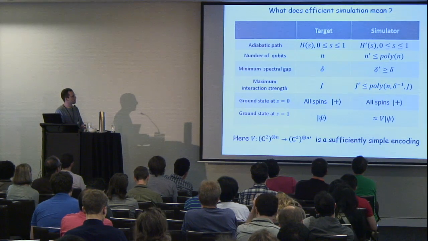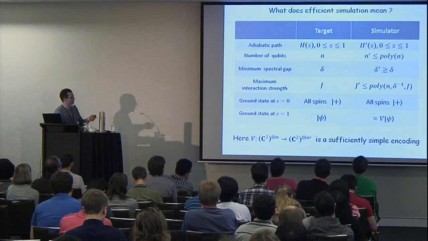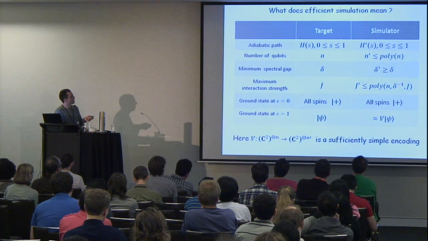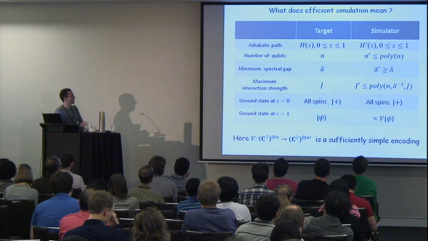So here is the definition of efficient simulation, which is going to be used in this talk, but it's not so important that you look at all these things. The main thing is that the simulator's spectral gap is at least that of the target. The number of qubits in the simulator is polynomially bounded as a function of that of the target.